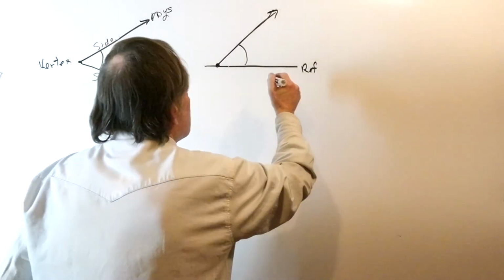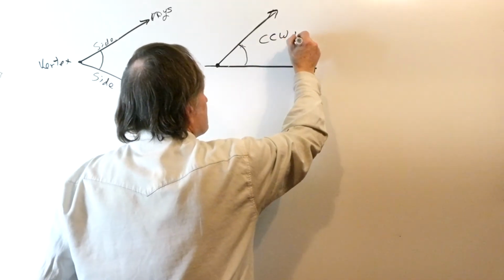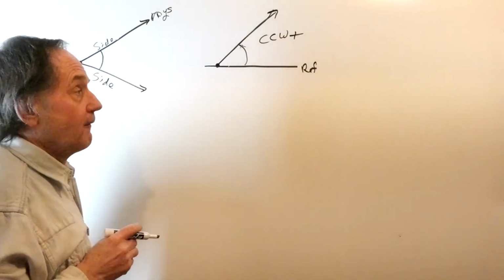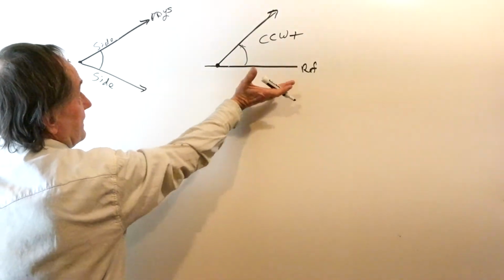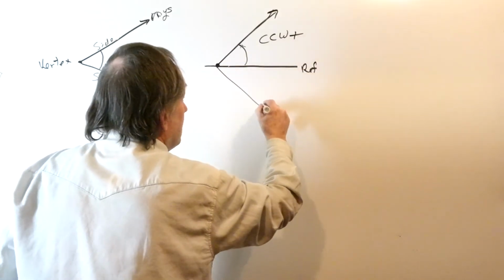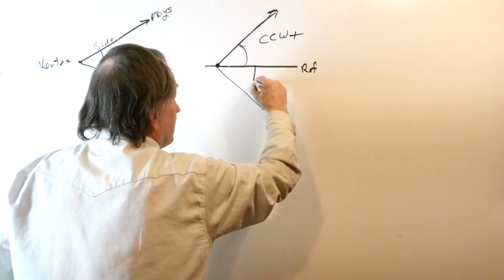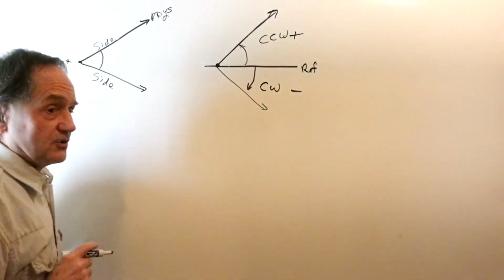Now, if we sweep it in a counterclockwise direction, this is the positive direction for angular measures. So angular measure sweeping counterclockwise are positive angles. Angles that start from the reference and sweep clockwise are negative measure angles.